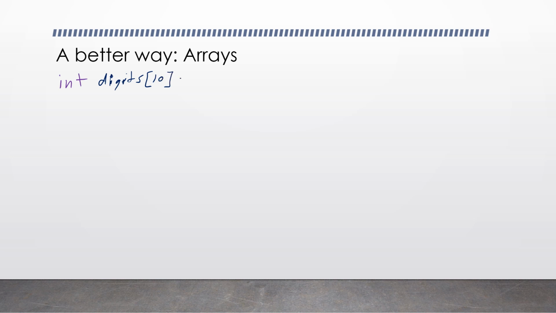Then we can go ahead and right away fill in all of those digits using what's called an initializer list: 5, 1, 2, 7, 0, 5, 1, 2, 3, 4. So that's a complete definition of an array.